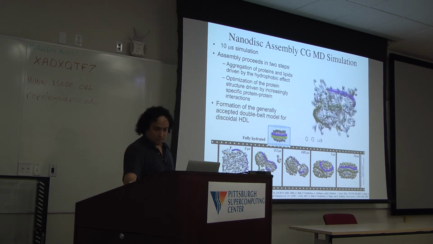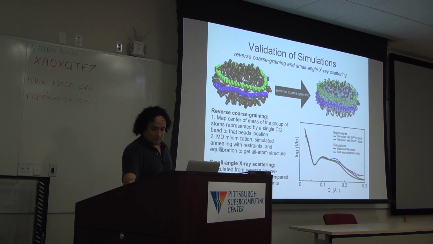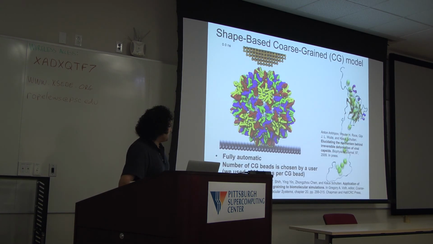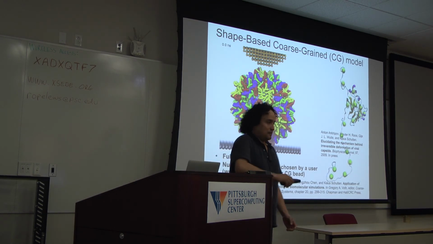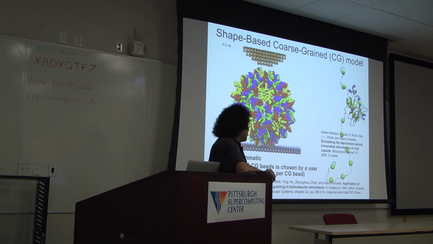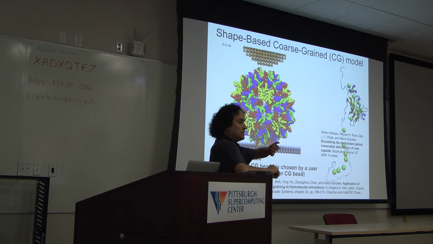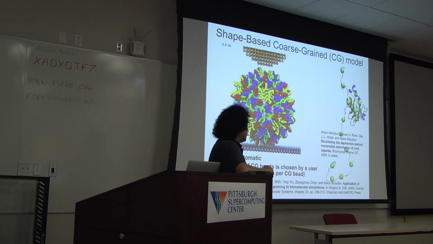I think I already showed this one. So this is the other extreme of coarse graining. This is what is called a shape-based coarse grain. This is an entire virus capsid, and what I showed before is that you coarse grain every residue, doing a mapping from a residue to maybe 3-4 particles.